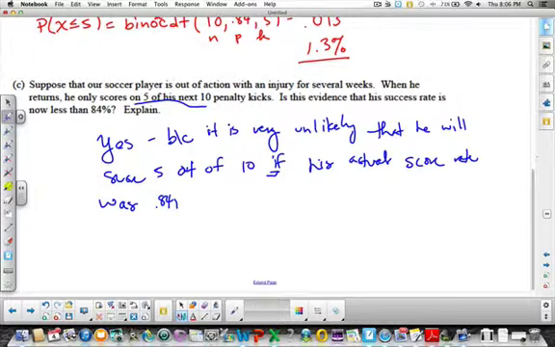So if he did score 5 or fewer, it seems pretty reasonable that his rate had actually changed.